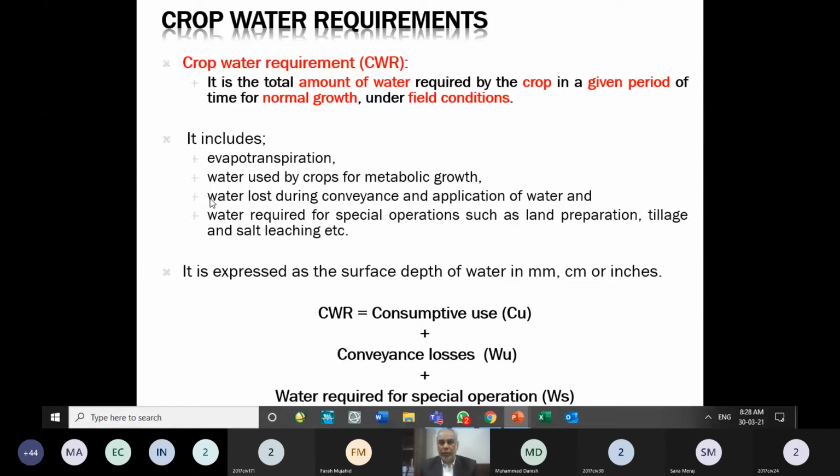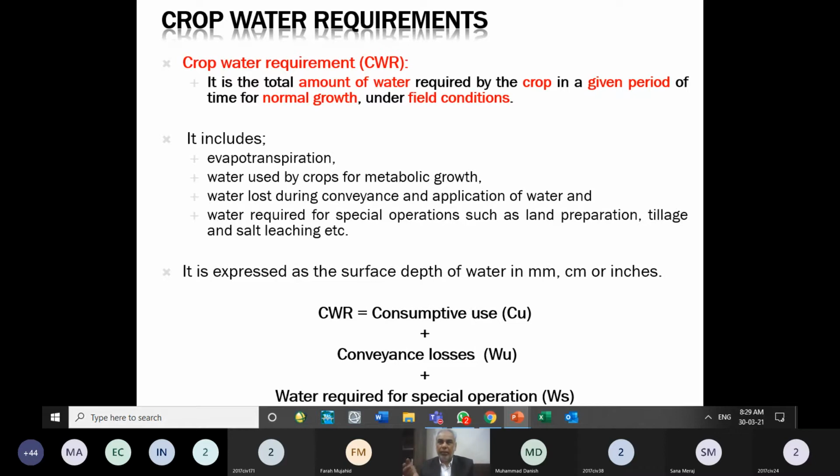The third thing is water conveyance loss, which is mentioned over here, and that depends upon the size of the canal system. That depends upon the canal wetted perimeter, how much is the perimeter or the width of the canal, because seepage occurs through the perimeter and evaporation occurs from the surface. So the size of the canal does affect the seepage losses.